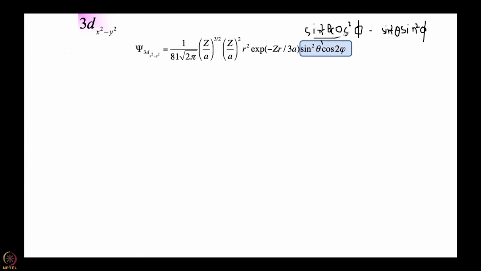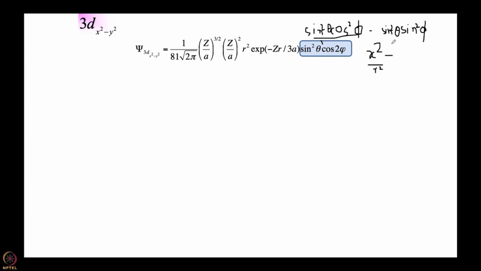So, what do we have here? Do you remember what sin theta cos phi is? r sin theta cos phi is essentially x, right. So sin square theta cos square phi is x square divided by r square, is it not, minus sin square theta sin square phi.